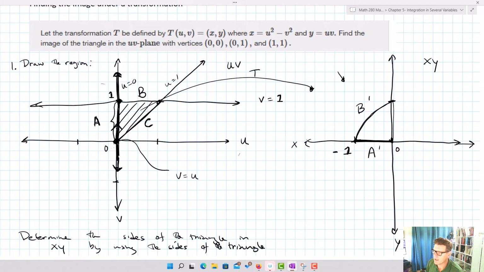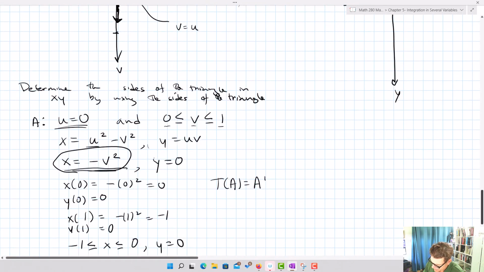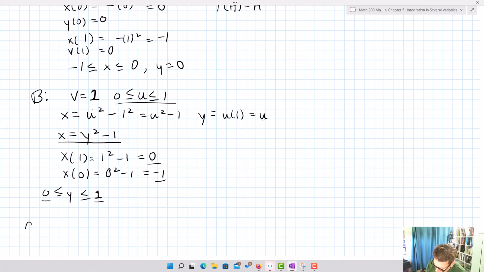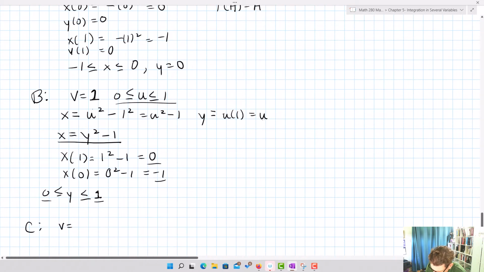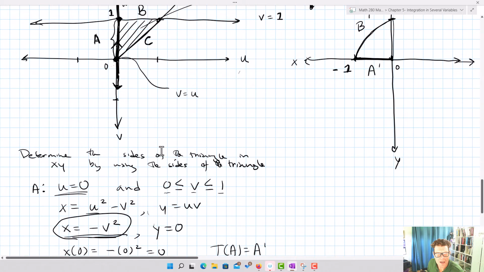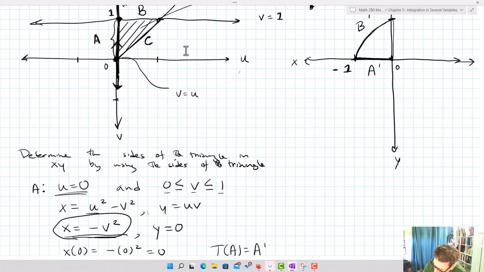If it was in the xy plane, it'd be y equals x. That's why it's v equals u. And in addition to that, my u values are going to go from 0 to 1.